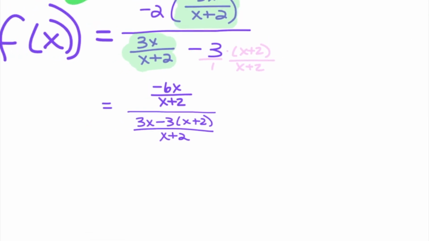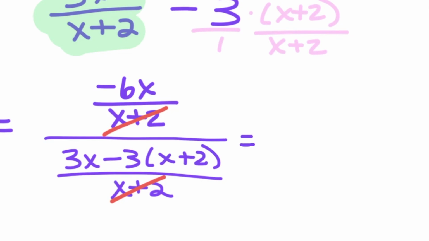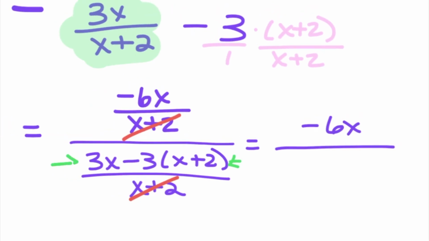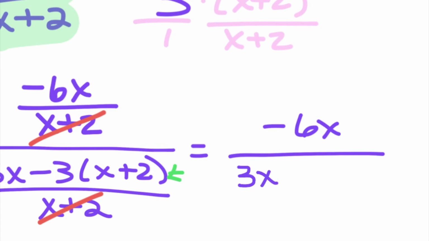How am I doing on space? I'm doing all right. And then I can cancel the denominators there, and that whole thing ends up as just negative 6x over, and then I'm going to simplify this right here over 3x minus 3x minus 6.